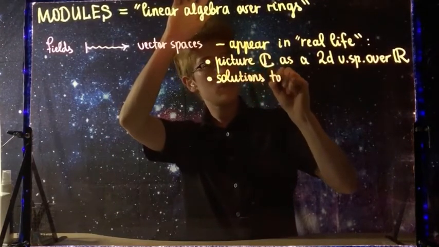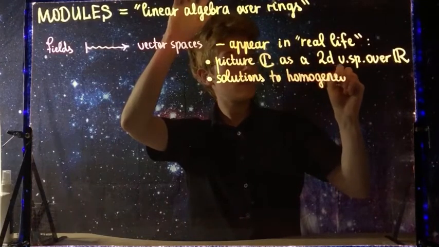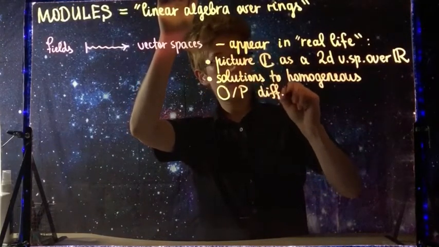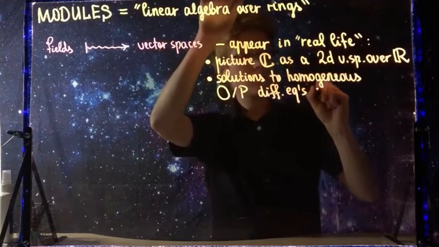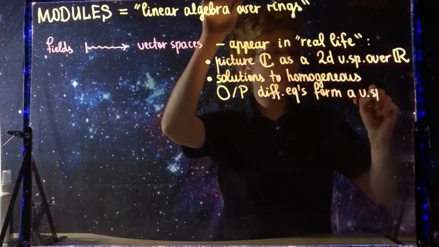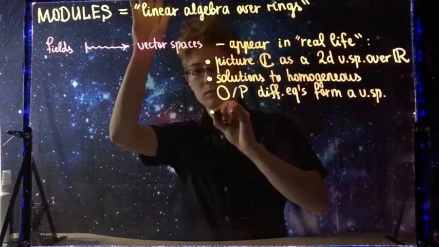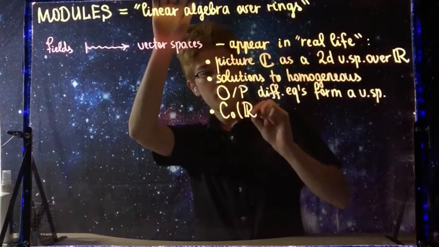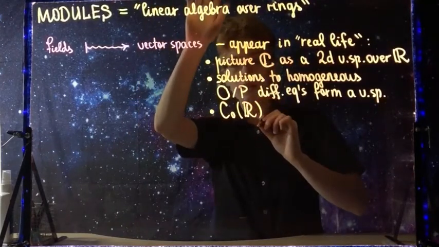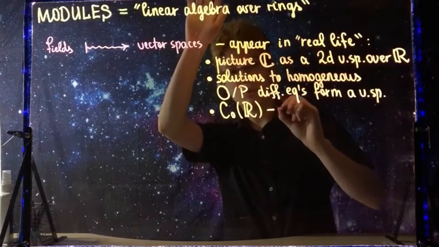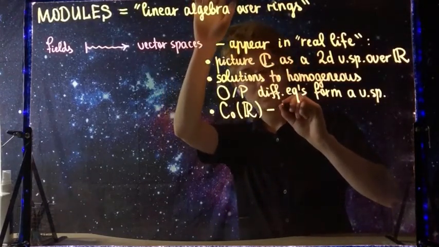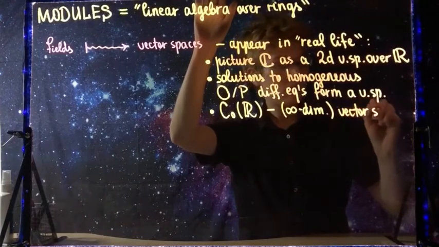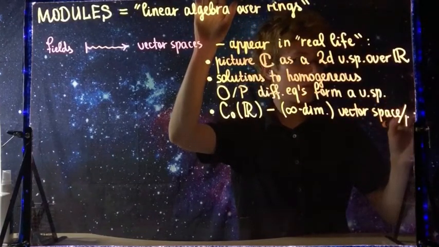Solutions to homogeneous ordinary or partial differential equations form a vector space over R. And you can take the ring of continuous functions, and you can see that continuous functions also form an infinite dimensional vector space, also over R.